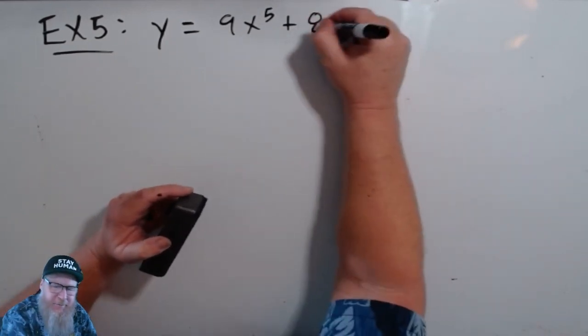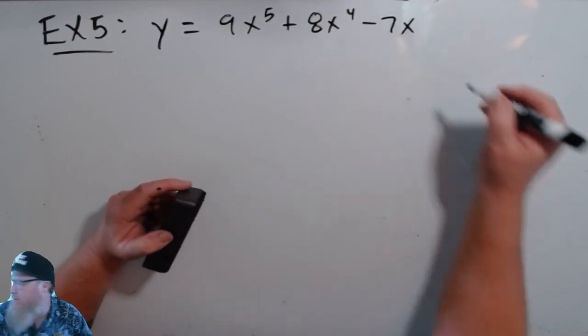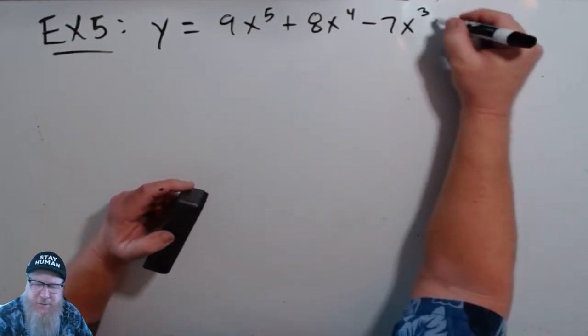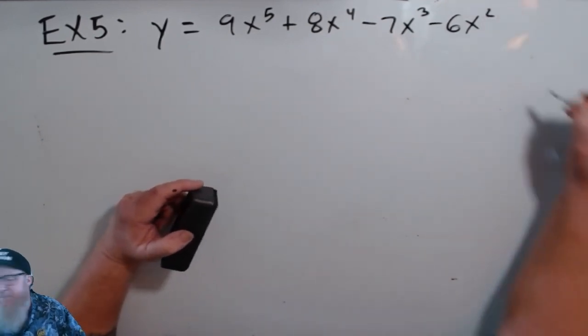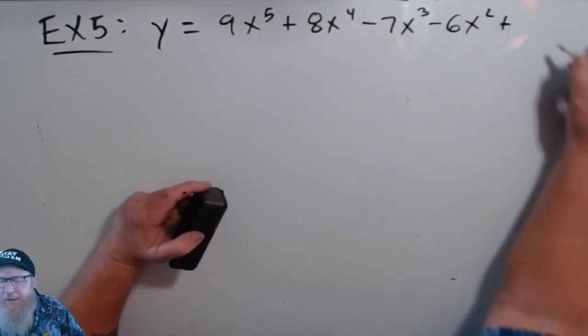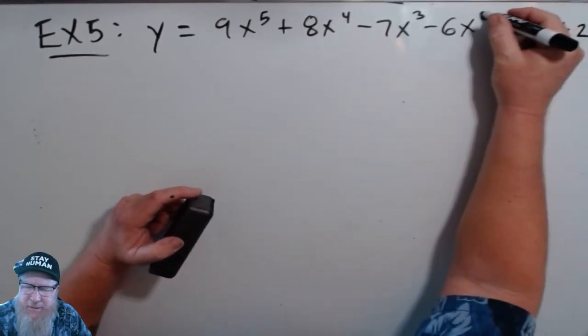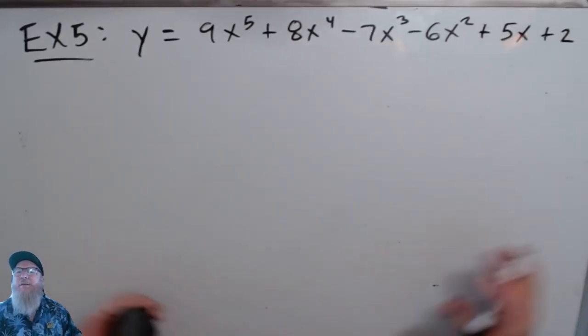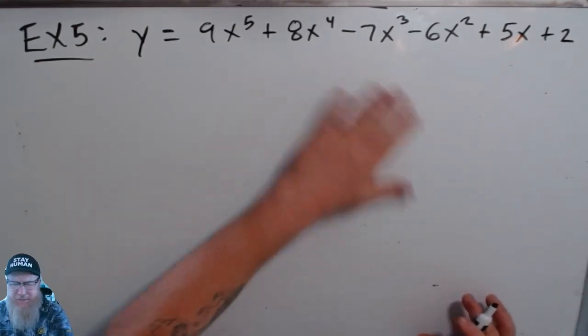Plus 8x to the 4th. This is about as high as we will go with polynomials. They do go forever, basically, in terms of how large they can become. But there's a limit to how much we're willing to put into this. So that's about our limit for this level of calculus.